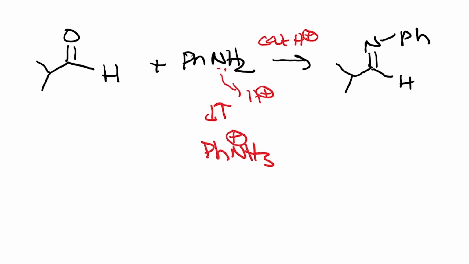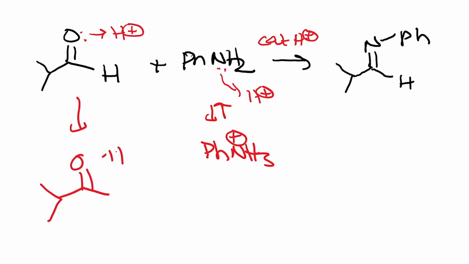But since there's a small amount of acid, you can imagine that once in a while the carbonyl oxygen picks up a proton from PhNH3+ perhaps, and it gets protonated. Once it gets protonated, you're going to produce an OH+.